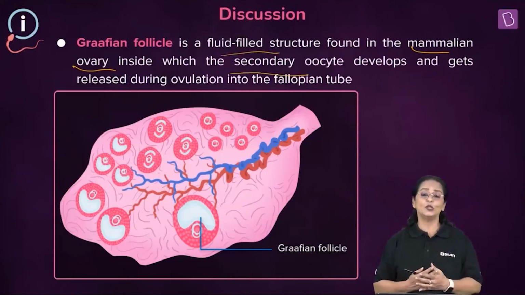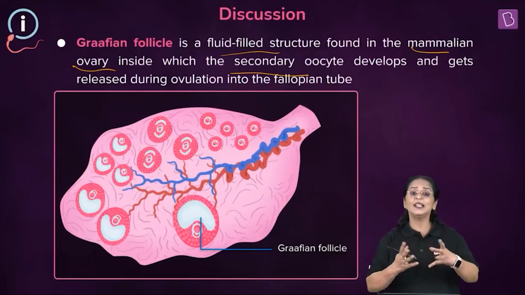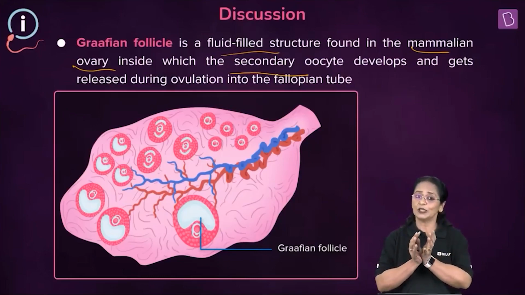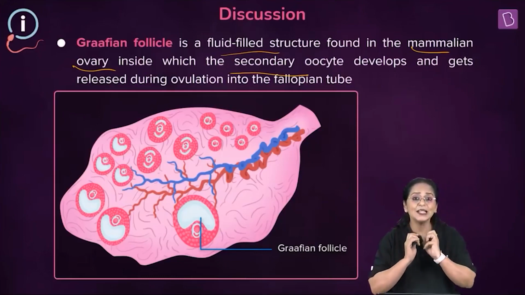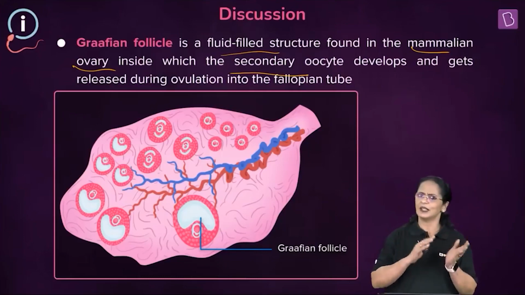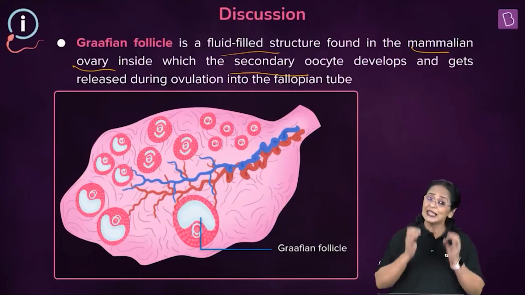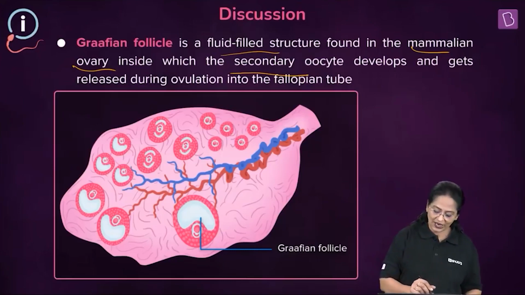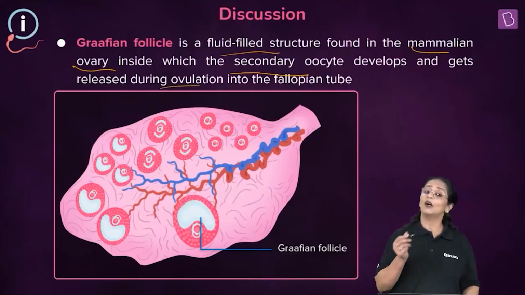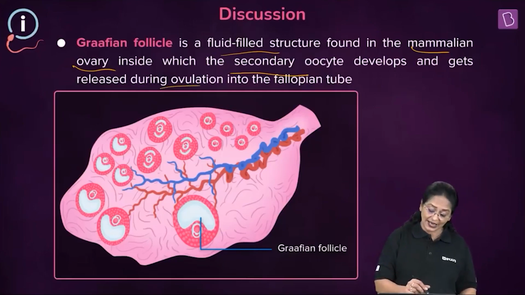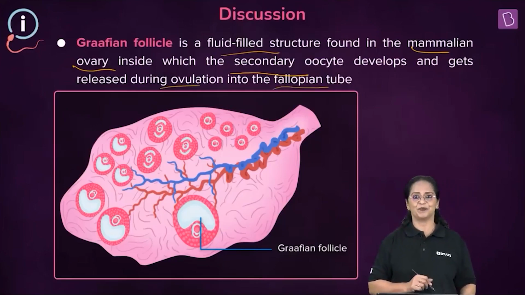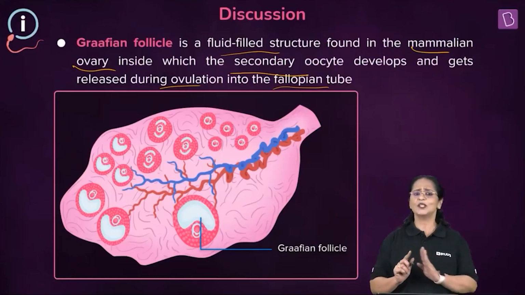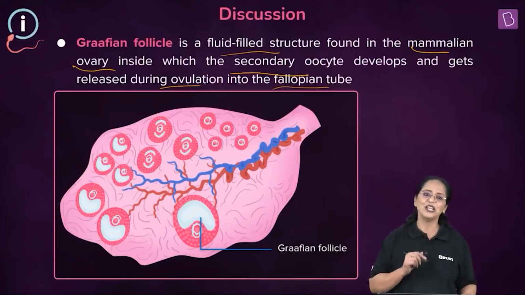Once the Graafian follicle is formed, it releases the secondary oocyte under the influence of hormones, and this release is called ovulation. The secondary oocyte that is released enters the fallopian tube. Did you get it? So, Graafian follicle is not found in the testis. It is found in the ovary.